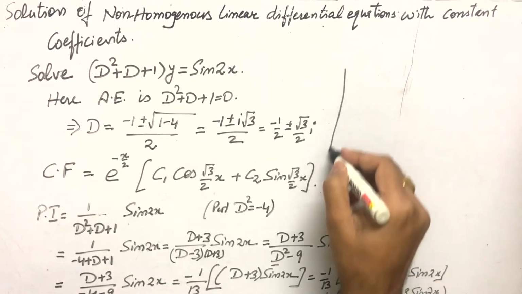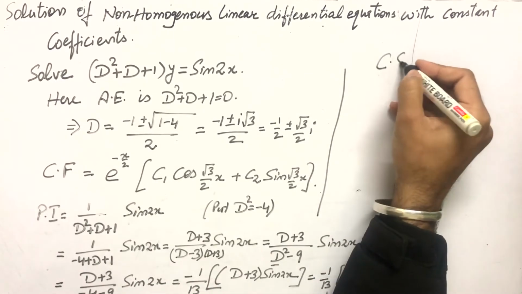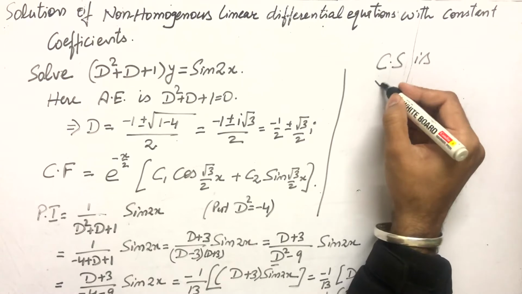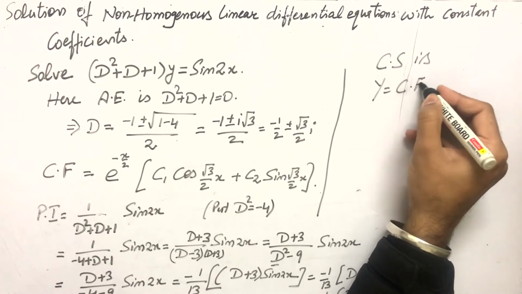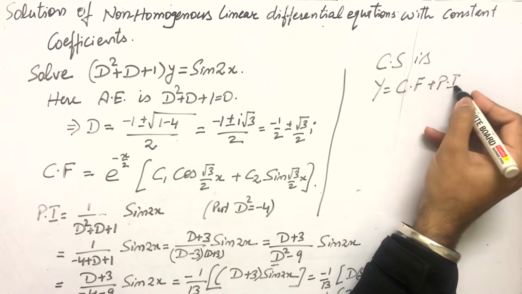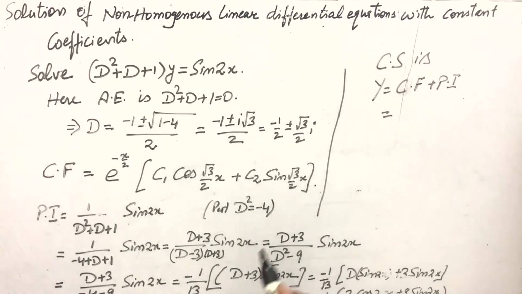Now let us write the complete solution. The complete solution is y equals complementary function plus particular integral. And what is the complementary function here? This one.